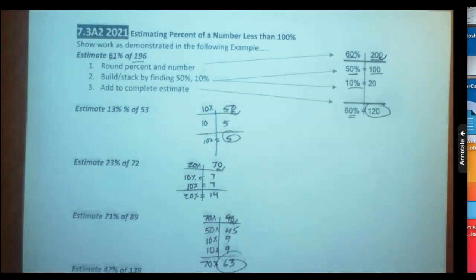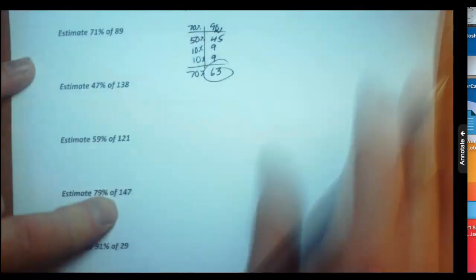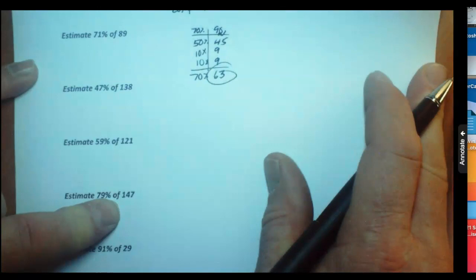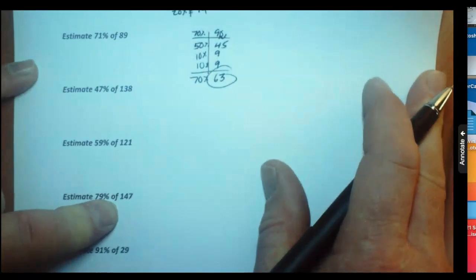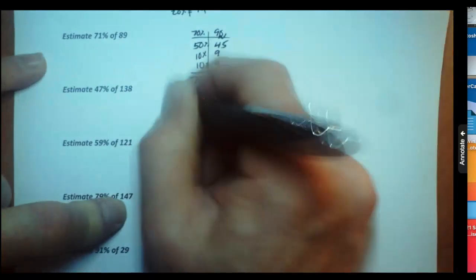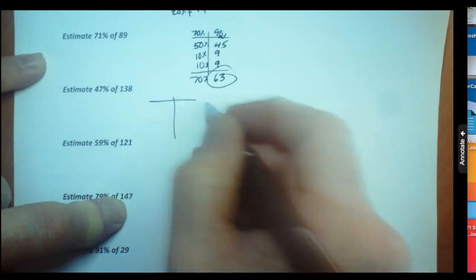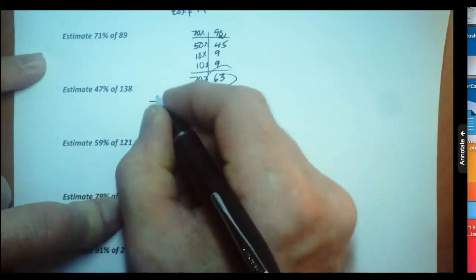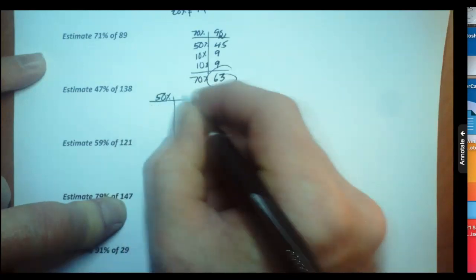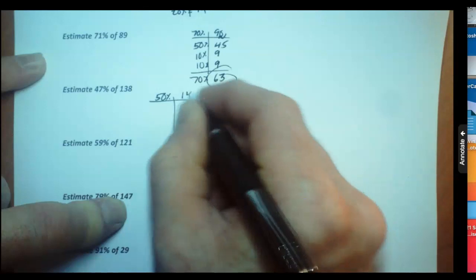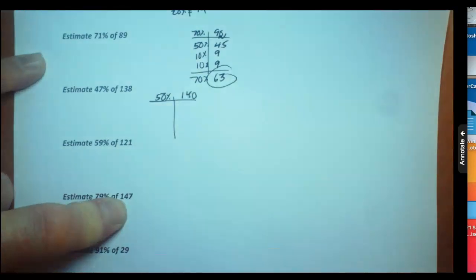Next one, we're looking at... flip this up a little bit so I can slide up and do a 3-digit one. We're looking for 47% of 138. Numbers bigger, estimate's actually going to be simpler. Why can't we just call that 50% of 140? Right? Well, I don't know what half of 140 is, but I know that half of 14 is 7, right?